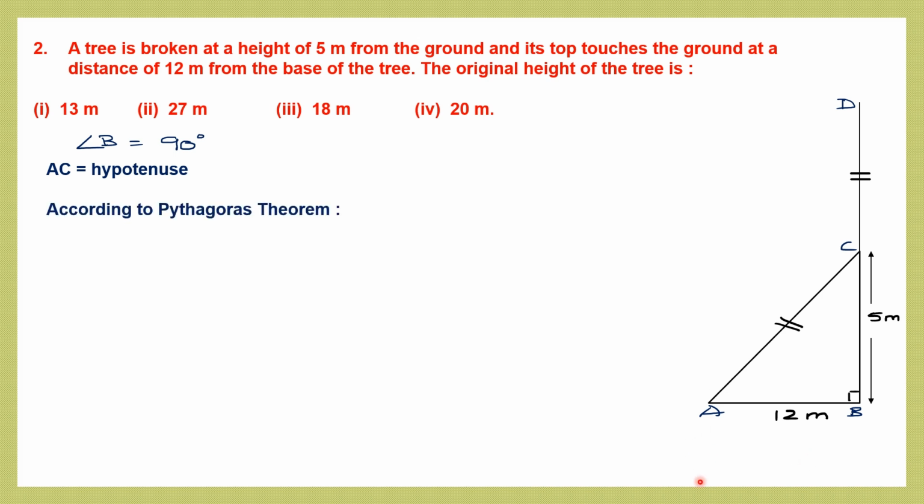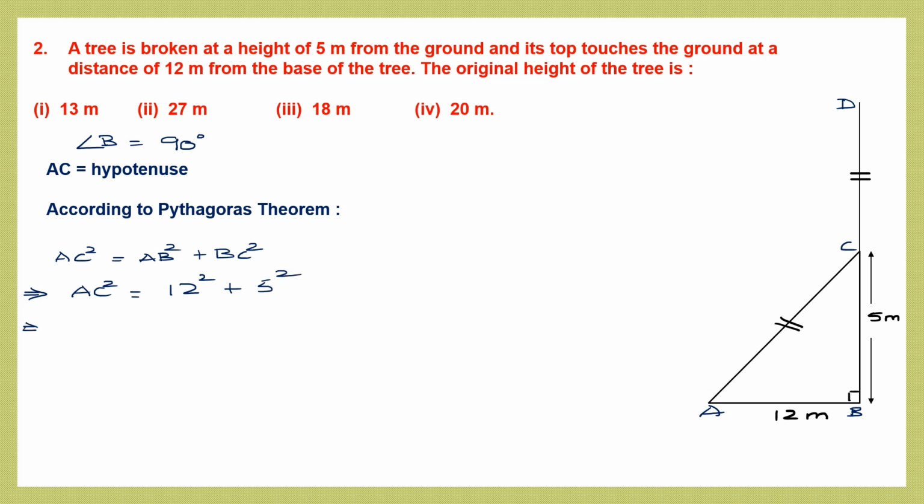So when we apply the Pythagoras theorem, we can say AC square is equal to AB square plus BC square. Now, if we find AC, it is equal to this measurement. That's why we are applying the Pythagoras theorem. So let's continue with this. So here we can say AC square, we can leave it as it is. So AC square is equal to AB square, which is 12 square, plus BC square, which is 5 square.